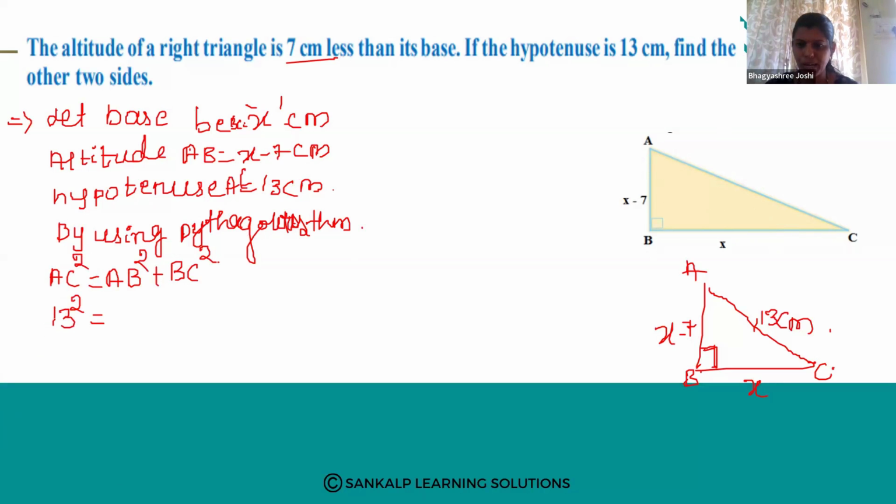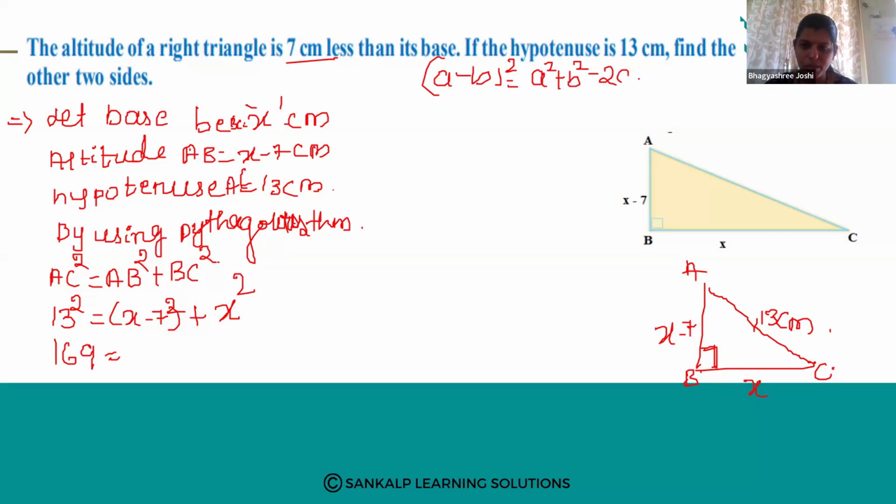13 square is equal to AB value, x minus 7 whole square, plus BC value, x square, right? 13 square is 169, and x minus 7 square is now in the form (a minus b) whole square. So (a minus b) whole square is a square plus b square minus 2ab. Now here a is x and b is 7.